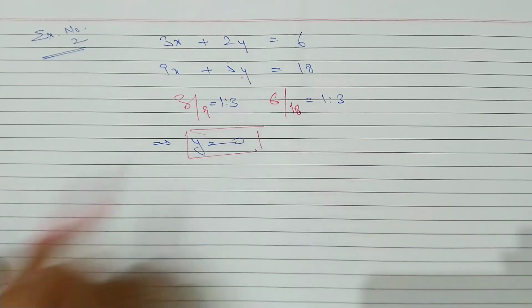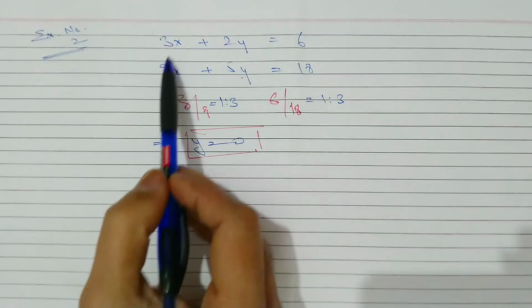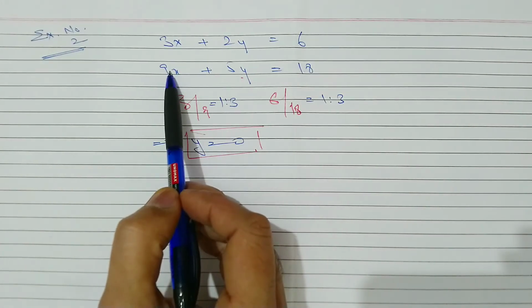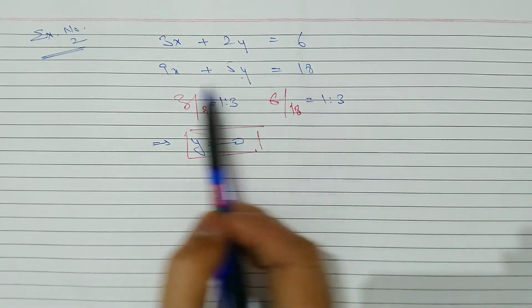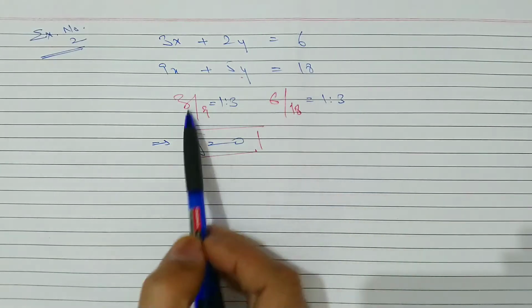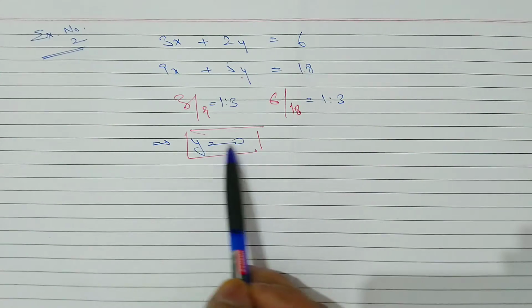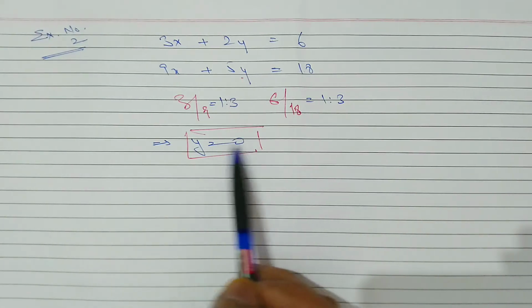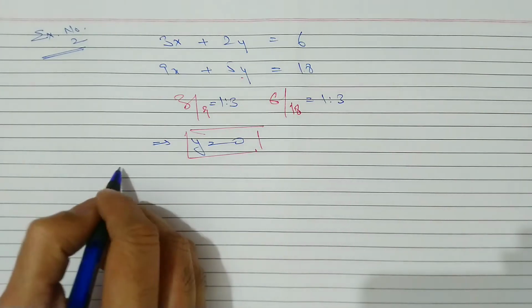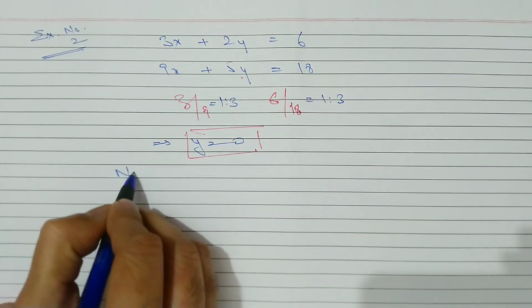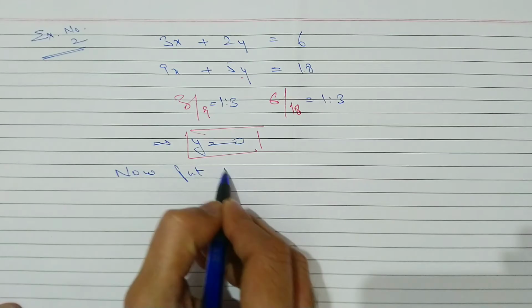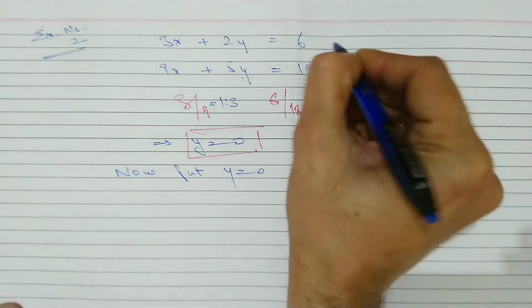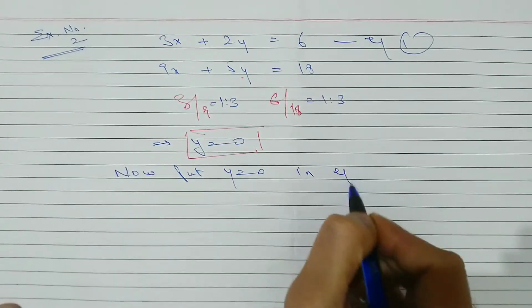Simple. By shortcut method, if ratio of coefficients of x and constant terms are in same ratio, then directly put y equals to 0, means value of y is always equals to 0. Now put y equals to 0 in equation number 1.